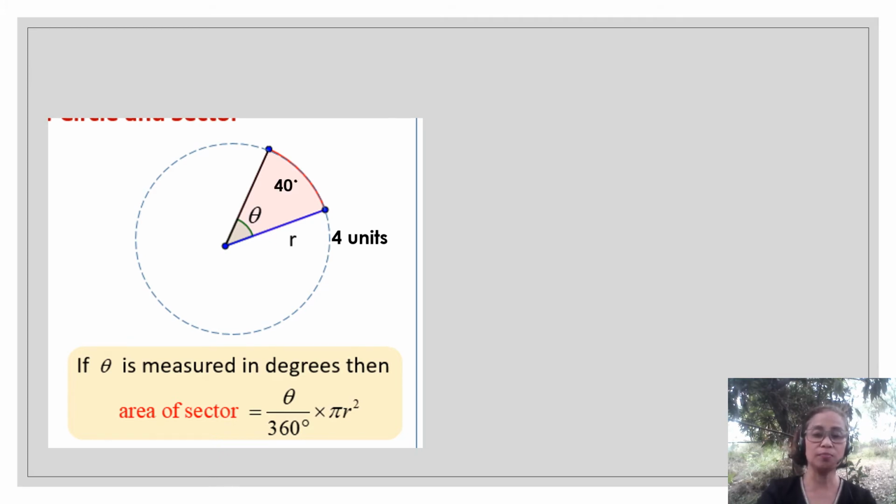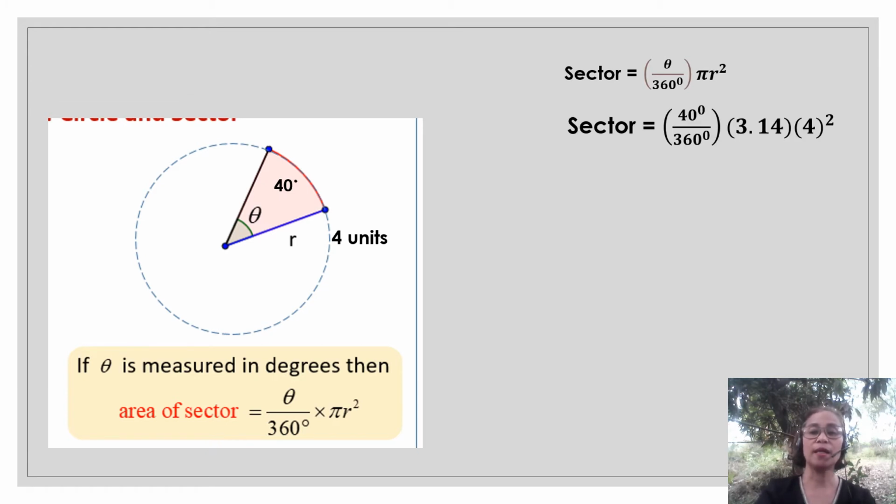Knowing that the formula is theta over 360 degrees multiplied by pi r squared, we start with the formula. Then we substitute. Theta is the given central angle, 40 degrees. Our pi is 3.14 and our radius is 4.